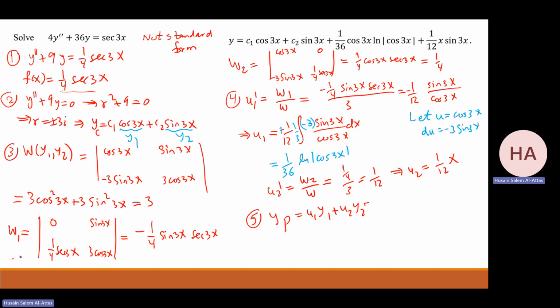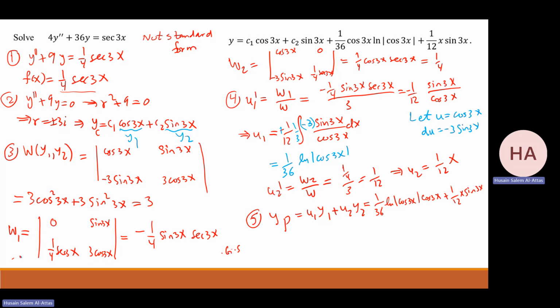What is u1? It is 1 over 36 ln cosine 3x, times y1. What is y1? Cosine 3x, plus 1 over 12 x sine 3x, which is y2.